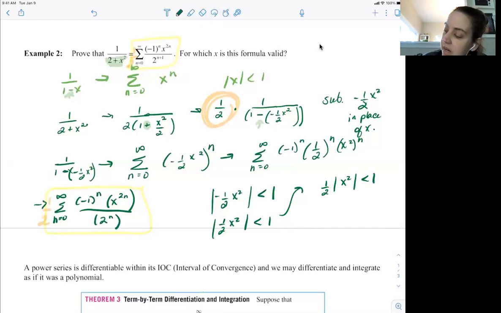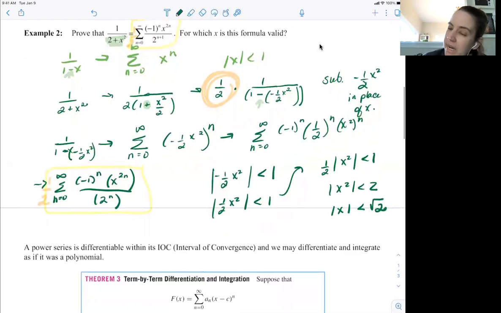Absolute value of x squared is less than 2 when I multiply on both sides. And then I can say that the absolute value of x, if I take the square root of both sides, is less than the square root of 2. So the radius of convergence is that square root of 2, if that comes up.